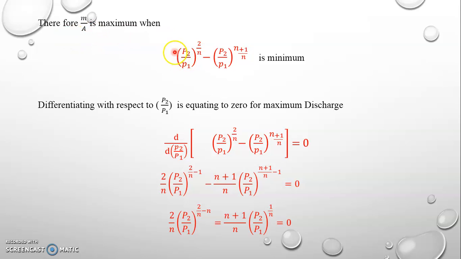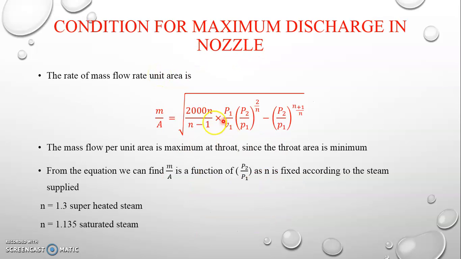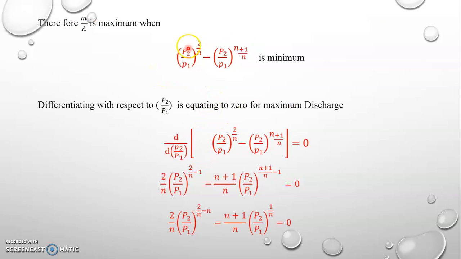As told already, we have to neglect this area. Finally we find that (P2 by P1) power of 2 by n minus (P2 by P1) power of n plus 1 by n must be a minimum. From maxima and minima, as studied previously, we differentiate with respect to P2 by P1 and equate to 0 for maximum discharge. Differentiating d by d(P2 by P1) of (P2 by P1) power of 2 by n minus (P2 by P1) power of n plus 1 by n equals 0.